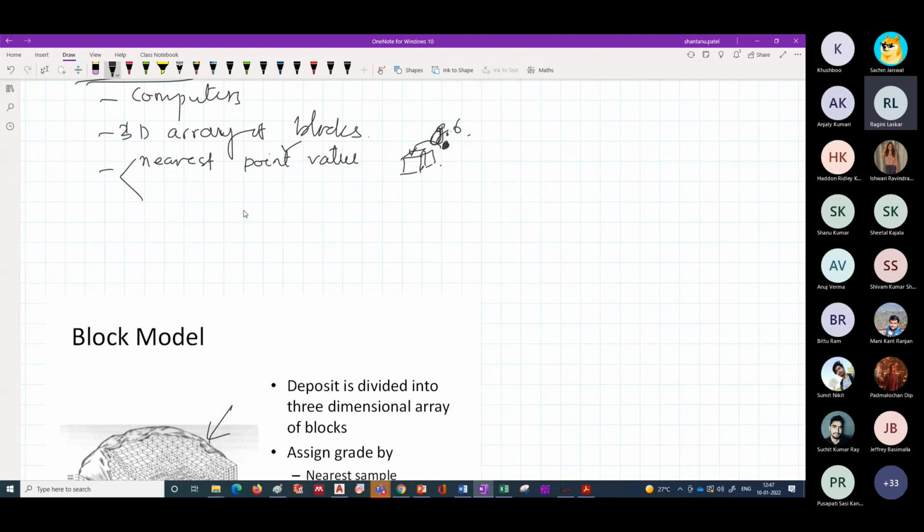The second thing we do is take weighted combinations, right? With some radius of influence.